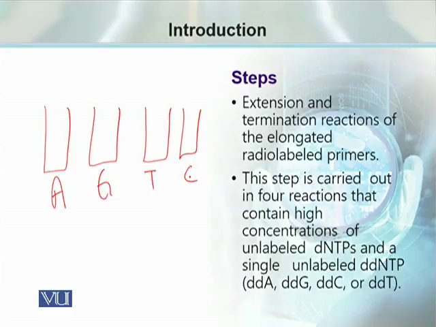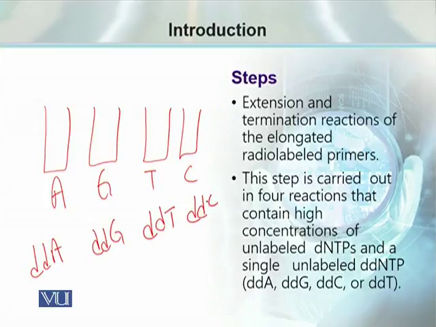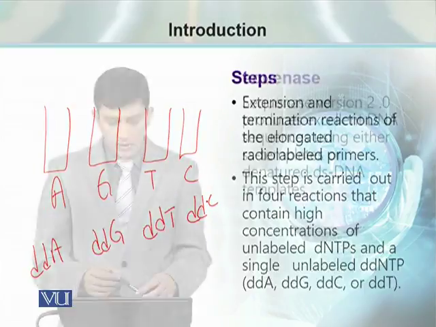All these tubes contain all the ingredients and components similar except the dideoxynucleotides. Each tube is going to be provided with only one type of such dideoxy nucleotide, which is going to be responsible for the termination of the strand synthesis at that particular nucleotide.